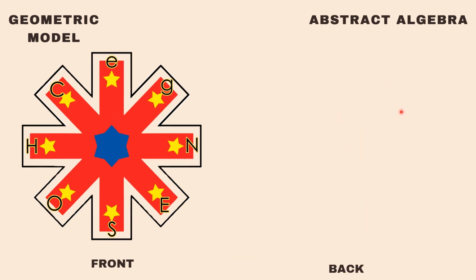So let's go back to our 16 symmetries. Consider the G-union model with a total of 16 symmetries.